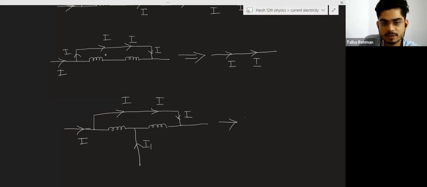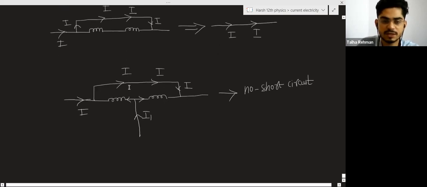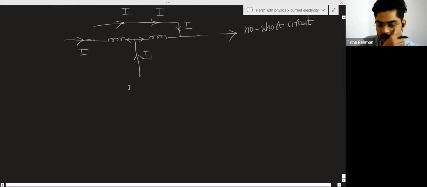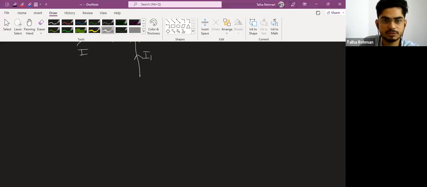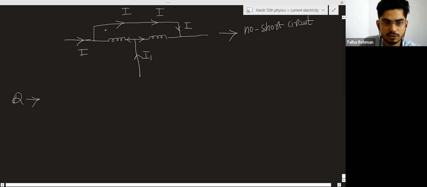From here the current will go to here and here. So it means there is no short circuit. No short circuit means this resistance will come into existence in the circuit analysis. So we have one question similar to the previous question, but I am adding a little concept there of short circuiting.